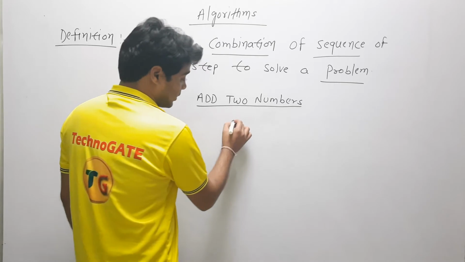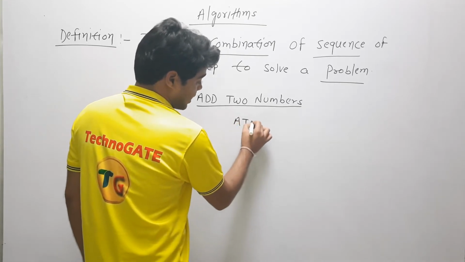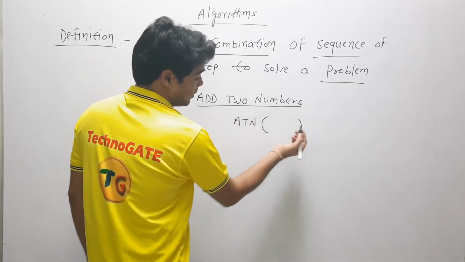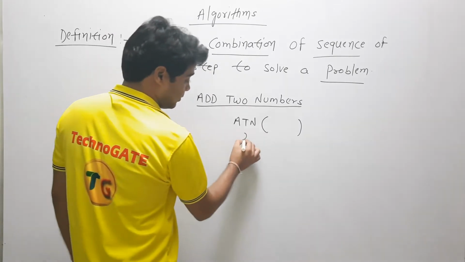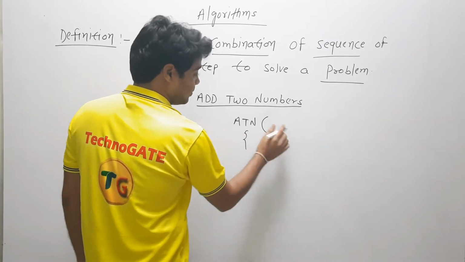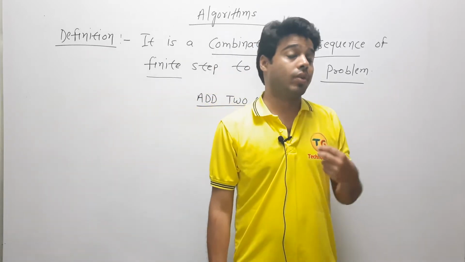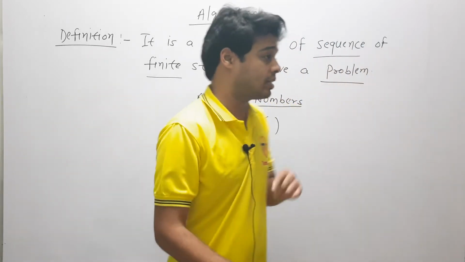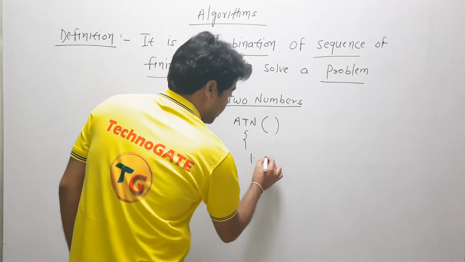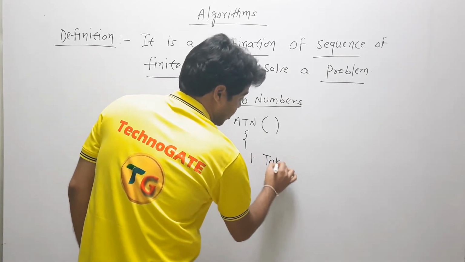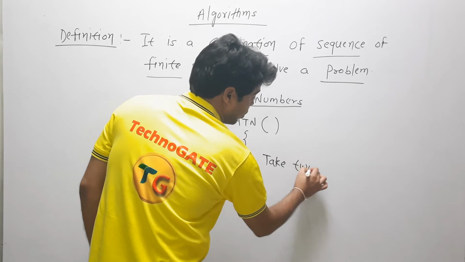So make a function, make an algorithm ATN, meaning add two numbers. Then what is the algorithm? First of all, what is the first step here? First of all, take two numbers.